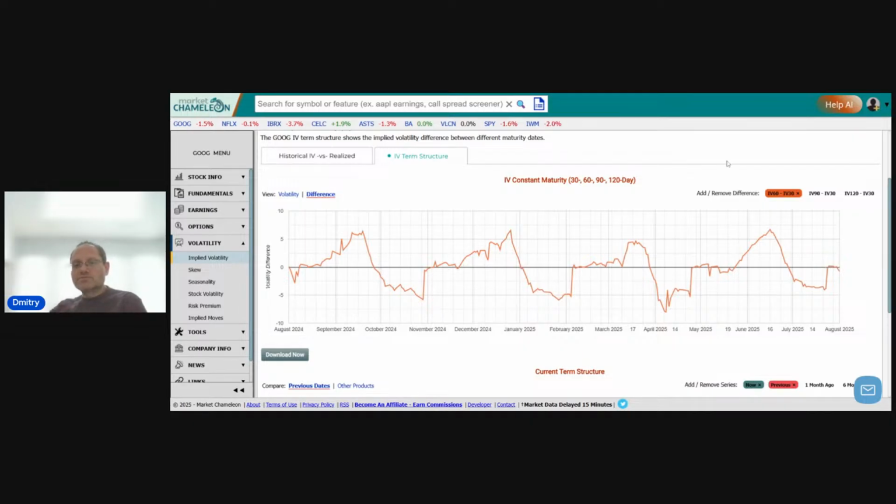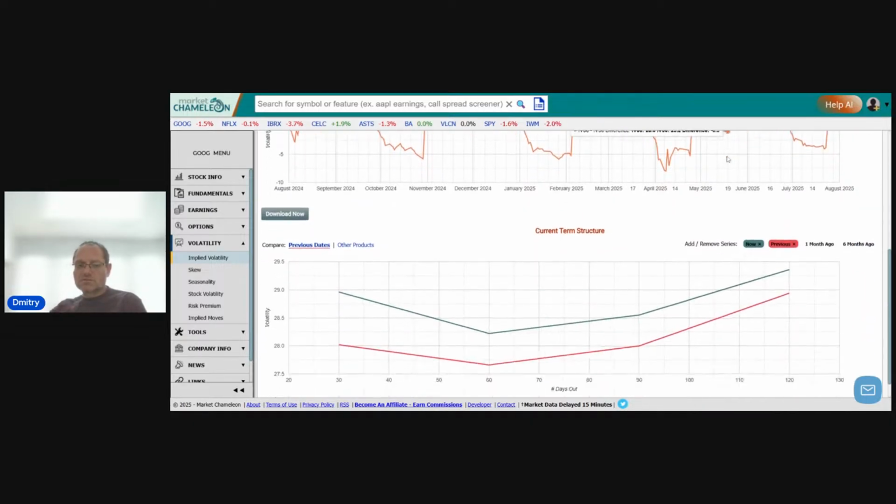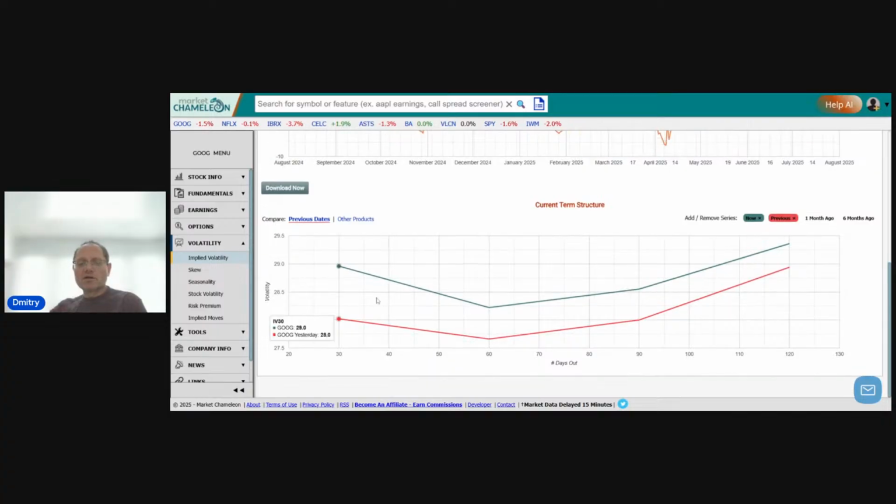We could also go down here and compare the term structure relative to a historical. So this green line here is showing us the 30-day constant maturity, the current one, then the 60-day. So you could see that the 30-day is currently higher than the 60-day, and then the 90-day starts moving back up, and then the 120-day is even higher.